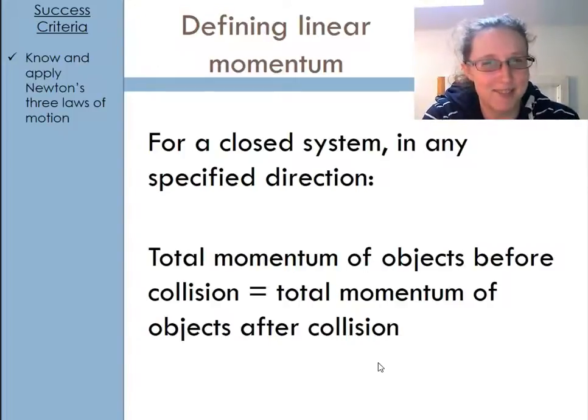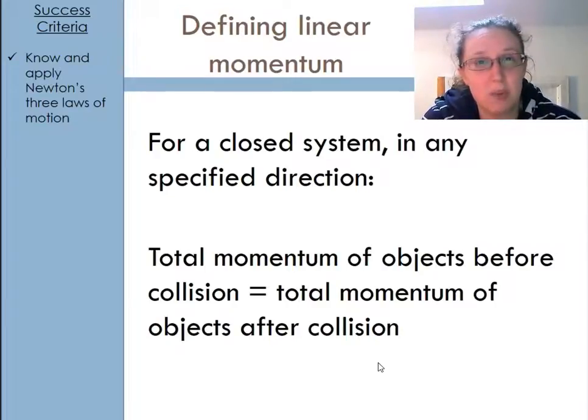We also talked about linear momentum, so we need to know about linear momentum, and particularly the conservation of linear momentum. So the principle of conservation of linear momentum says that for a closed system, in any specified direction, the total momentum of the objects before a collision is equal to the total momentum of the objects after they have collided. So basically this is just another conservation law.